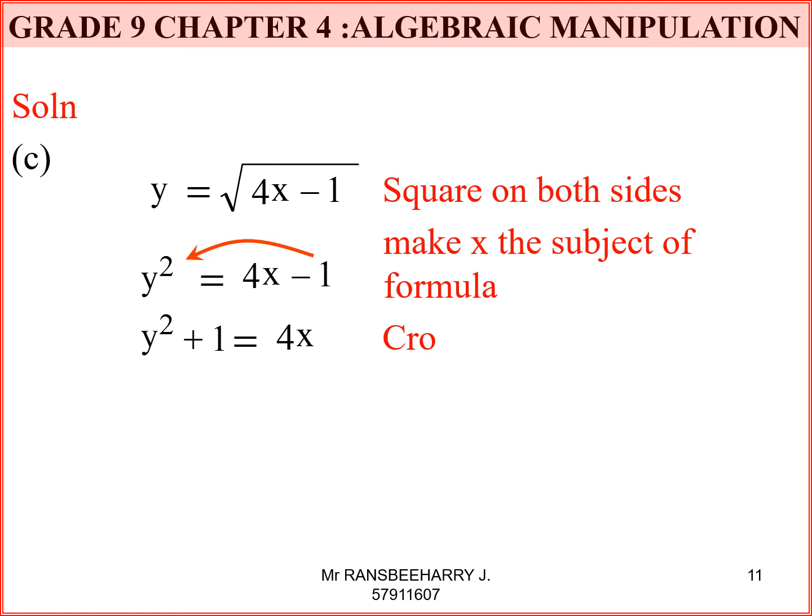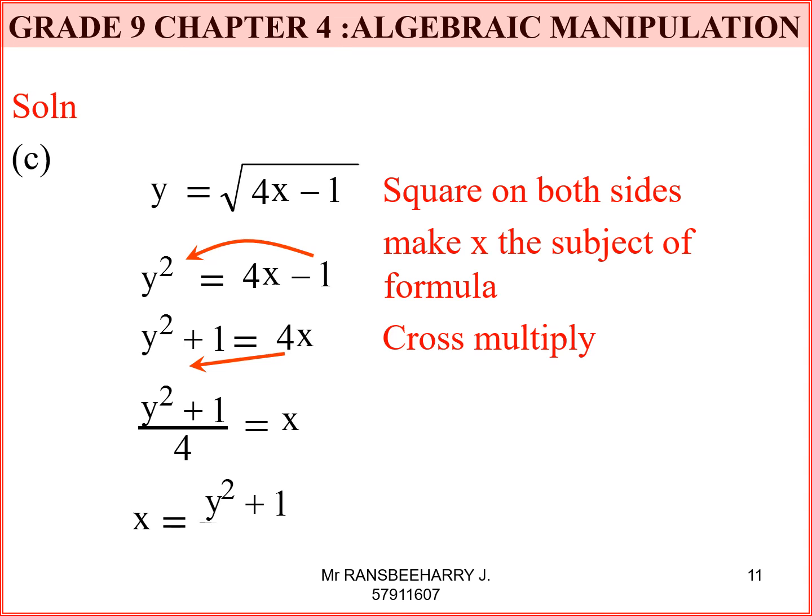Next step, cross multiply. We obtain x is equal to y square plus 1 over 4. Here x is expressed explicitly in terms of other unknowns and constants. So we have made x subject of formula.